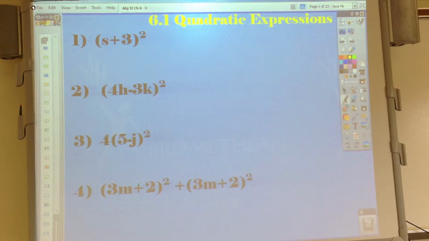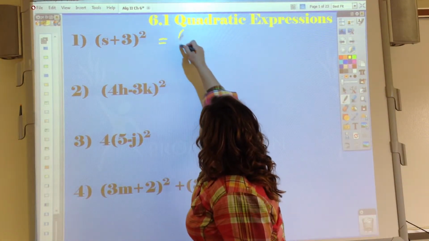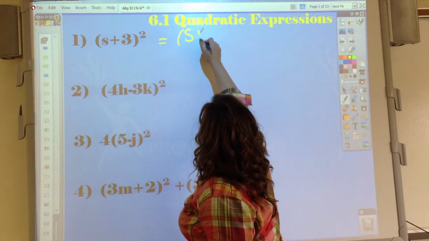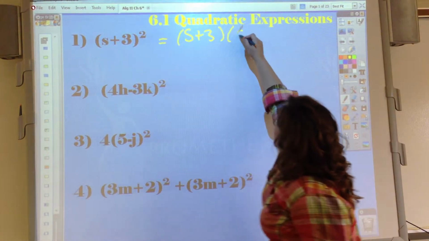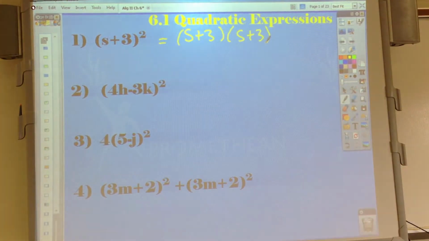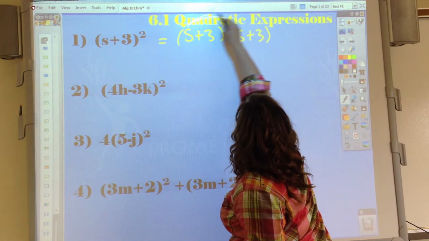First, we need to recognize that if something is being squared, it's being multiplied by itself twice. Now that I have s plus 3 times s plus 3, I'm going to use FOIL, first, outer, inner, last, to multiply these two polynomials together.